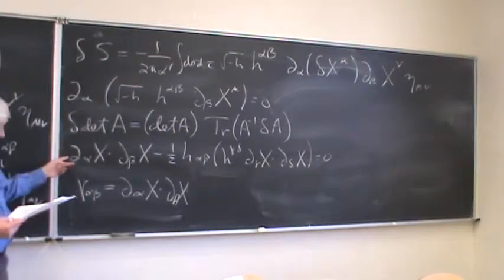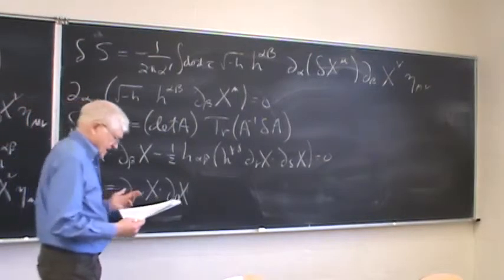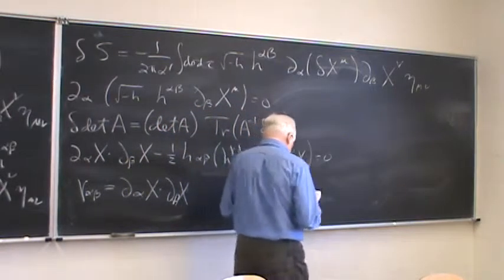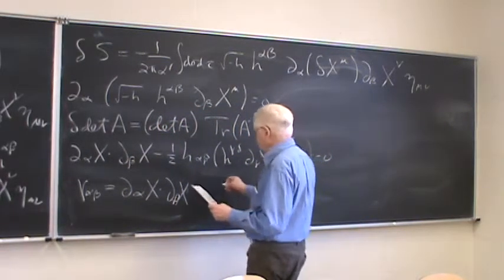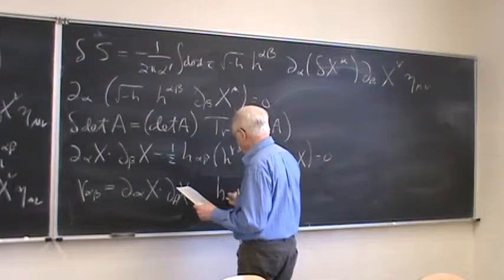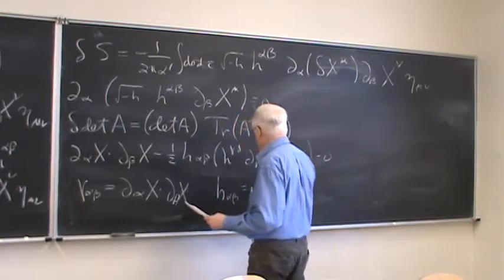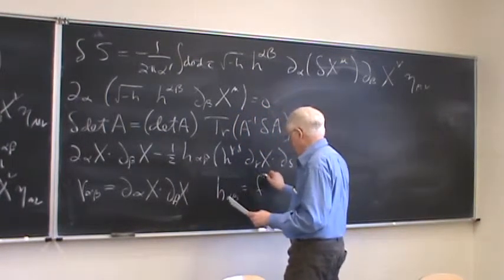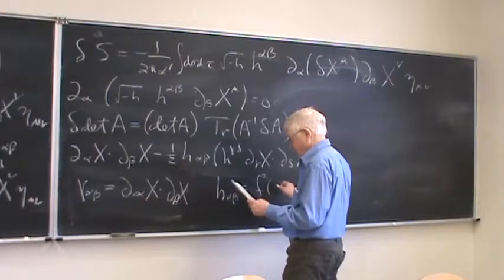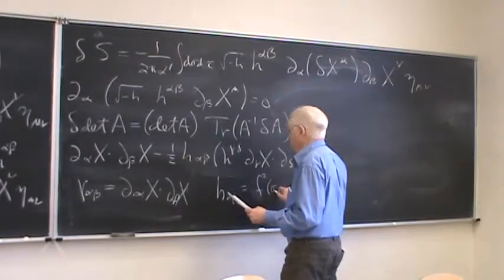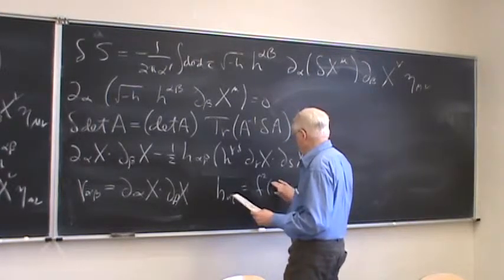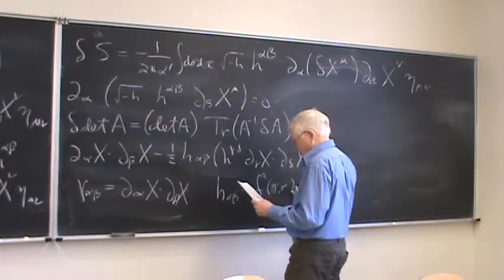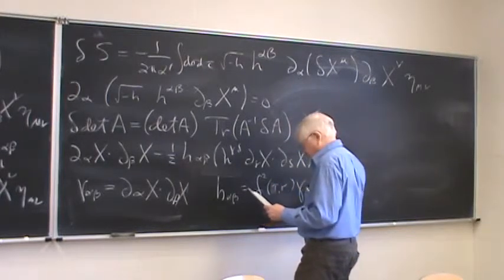Then what this equation is really saying, and I'm again skipping a lot of steps here, is that h alpha beta is some positive constant times gamma alpha beta.